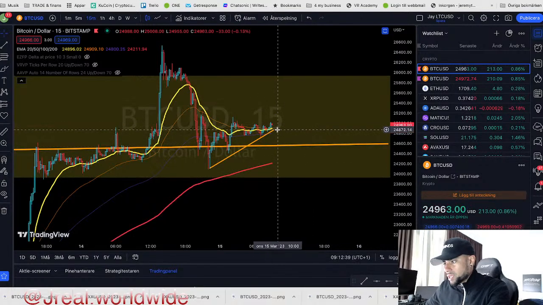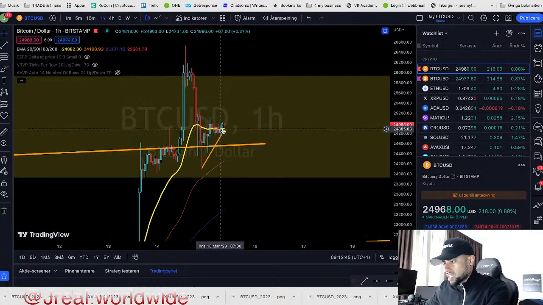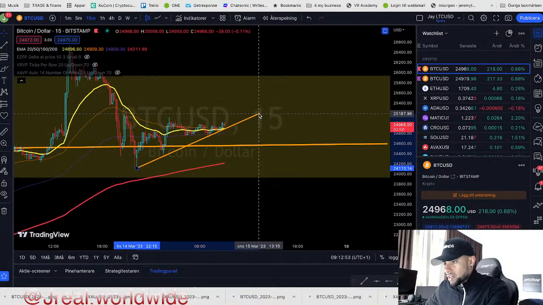It's above the 20-day EMA on the 50-minute. Even on the 1 hour, it broke above the 20-day EMA. It's resting above it, basically retesting it. It's forming some form of trend here on the smaller time scale.